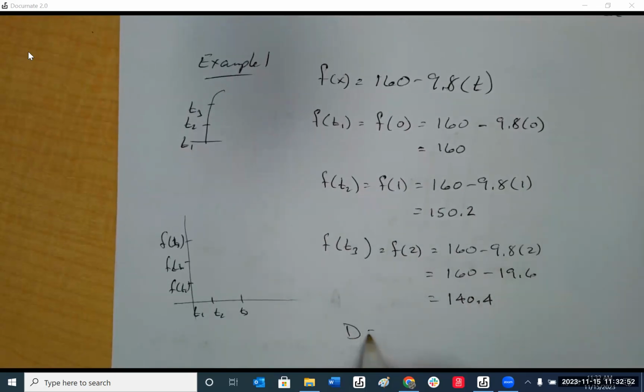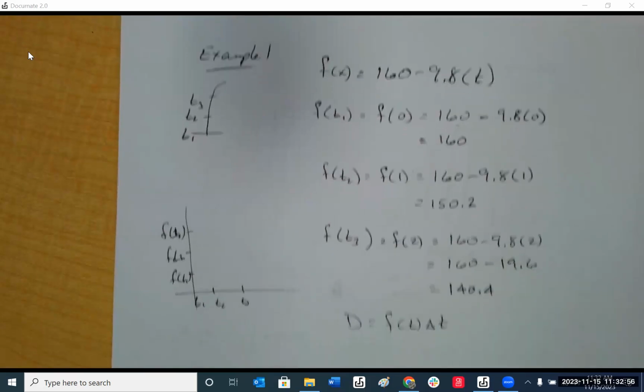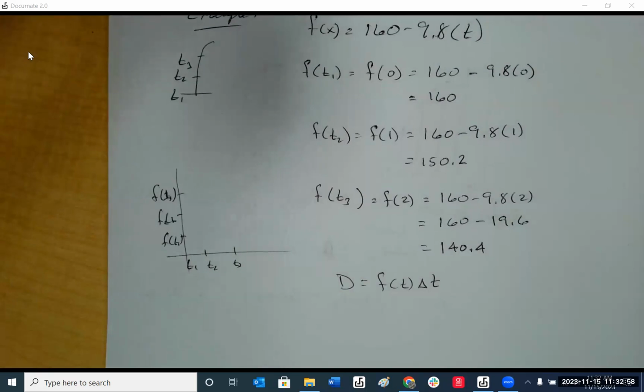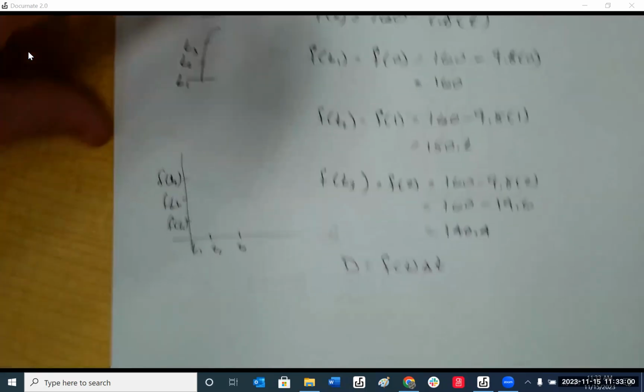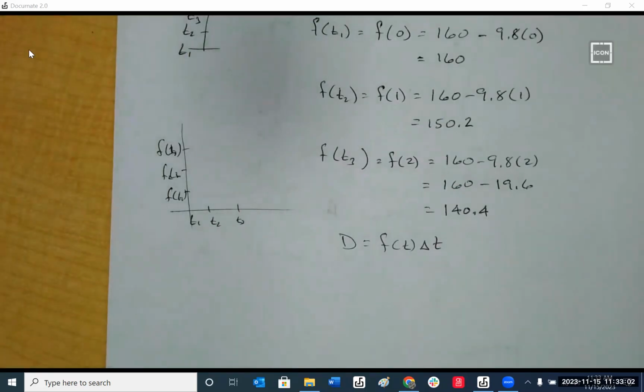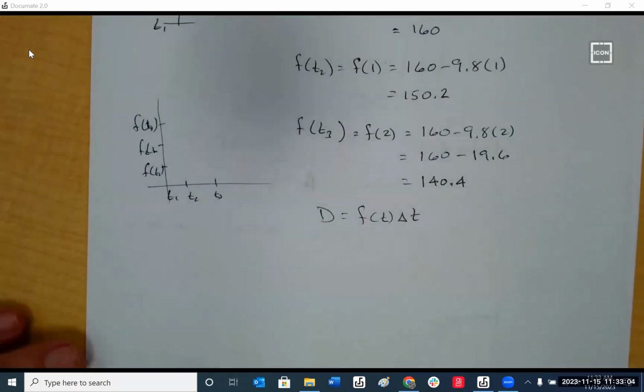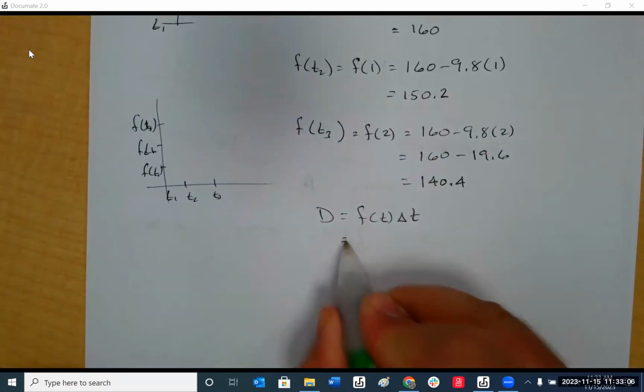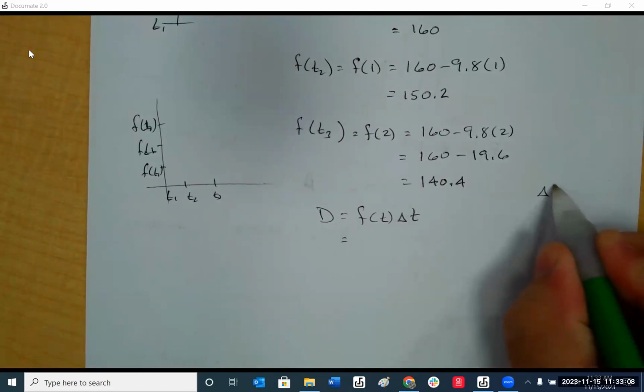Remember, our displacement is F of T times delta T. And delta T for each of these is the same.